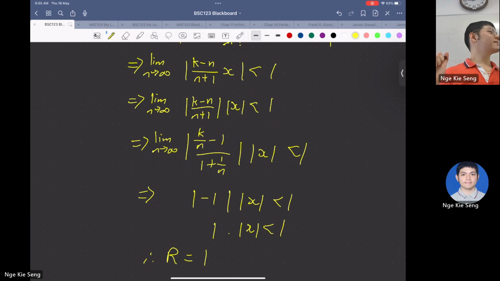Inside the series, we just don't test the estimation of the remainder. Okay, I will provide the solution, you can have a look. Later we'll do a few questions together.